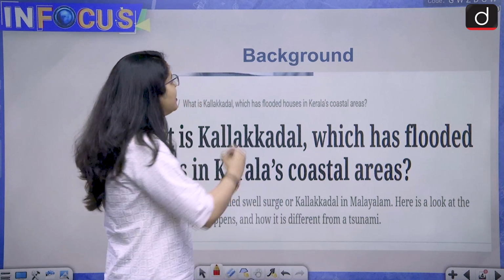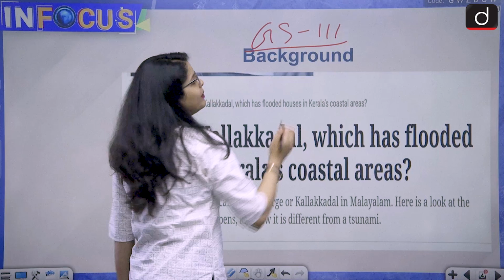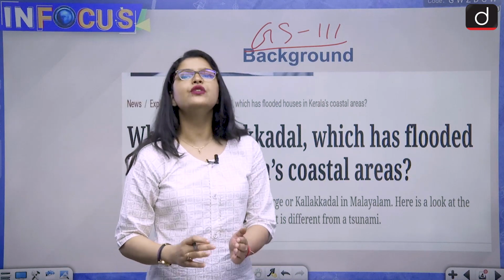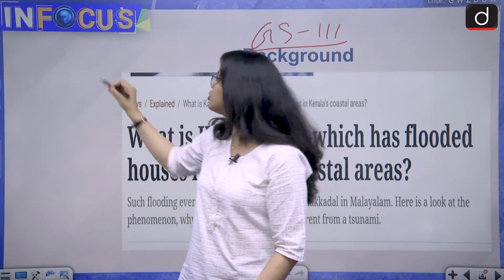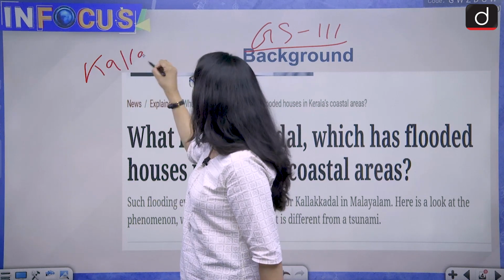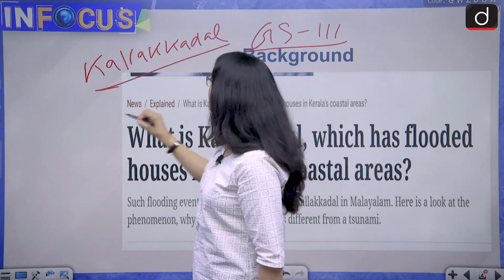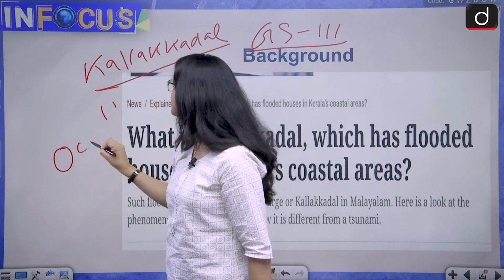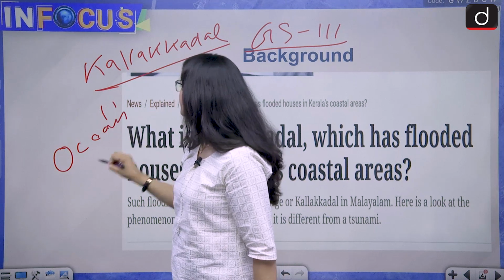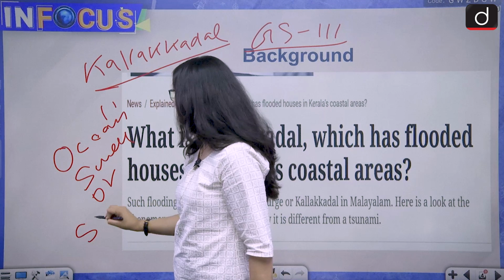This topic is important from the perspective of your GS3 paper, that is environment and ecology. This natural phenomenon, also known as Kallakkadal in Malayalam, is basically an ocean swell or swell surge.